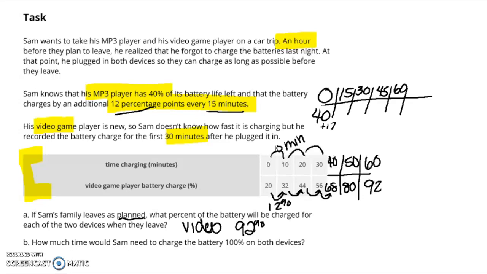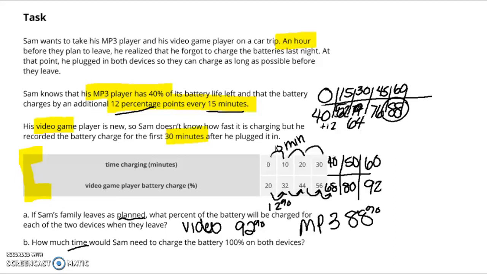So 40 plus 12 would give me 62, and then plus 12 would give me 74, and then, oops, I apologize, I wrote this down wrong. 40 plus 12 would be 52, there's my math, 52, plus 12 would be 64, plus 12 would be 76, plus 12 would be 88. So for my MP3 player, I'd be at 88%.